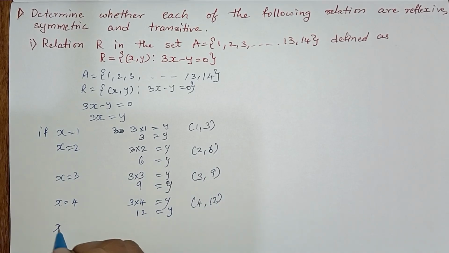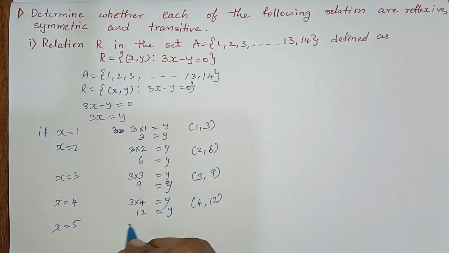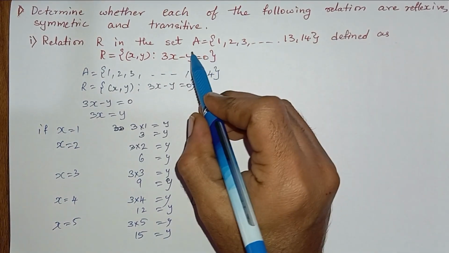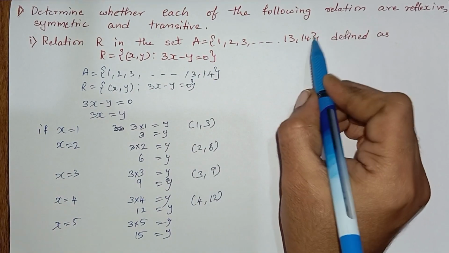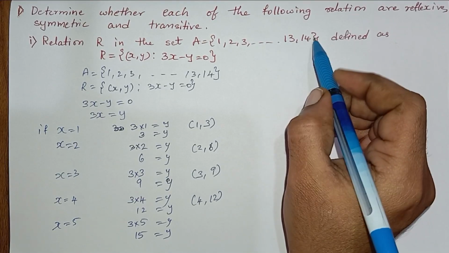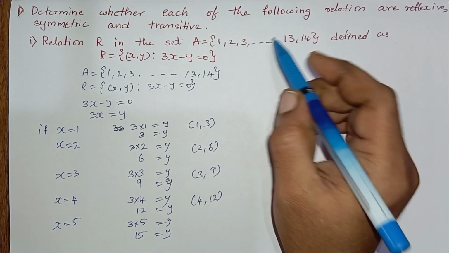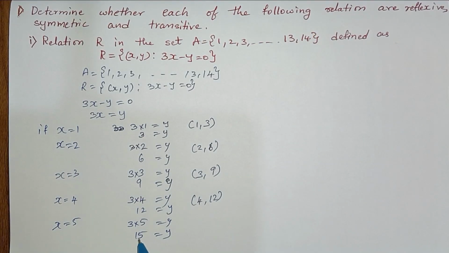Now if we take x equal to 5, 3 into 5 is 15. We cannot take 15 because set A has only till 14. So 15 does not belong to this set, and the ordered pair (5, 15) cannot be taken.